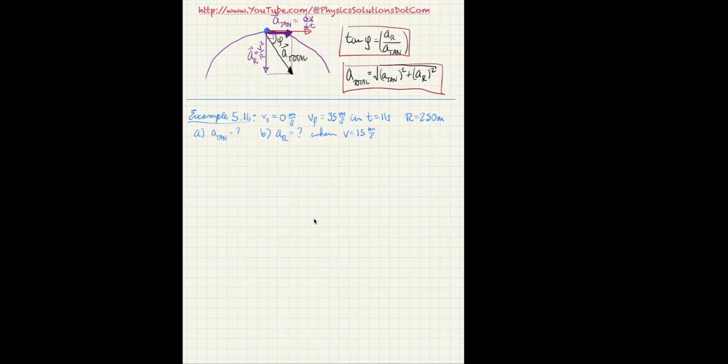Okay, so first off, let's calculate the acceleration. We know, for instance, that A is equal to delta v over delta t, and that's the average, but they said it accelerates at a uniform rate. So in this case, we say that it's a constant. And that's going to come in handy.